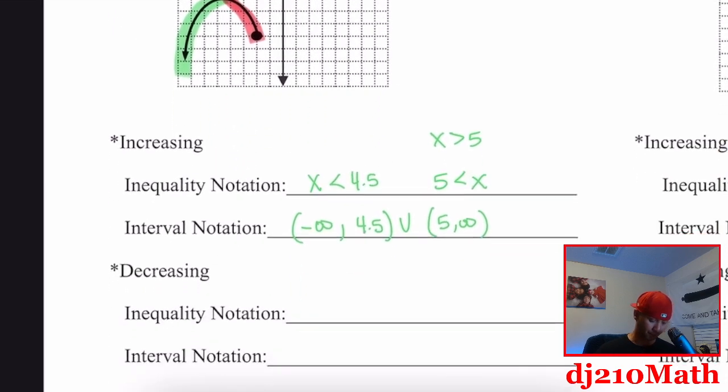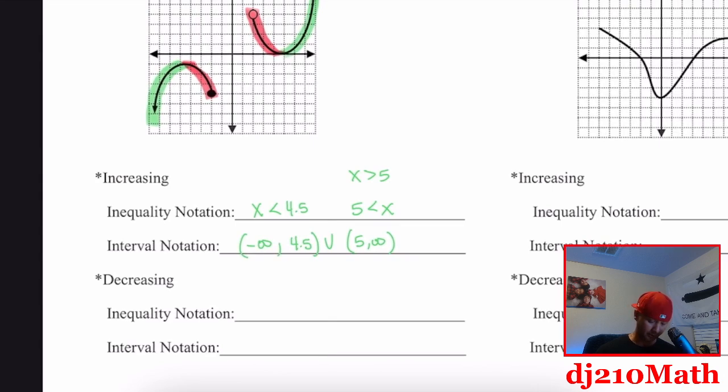So, okay. Decreasing. This is going to be the red portions. So, looks like -4.5 up to -2. Union. Looks like +2. Right, this is +2, 3, 4, maybe 5.